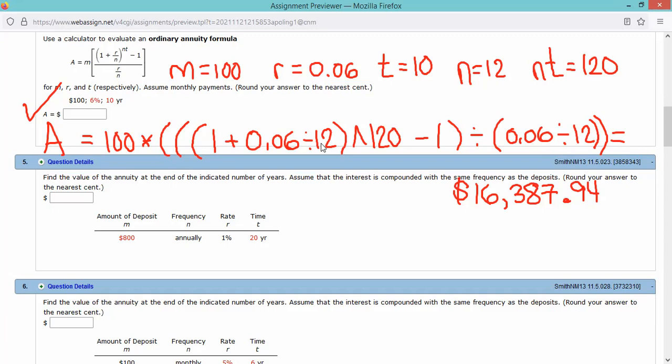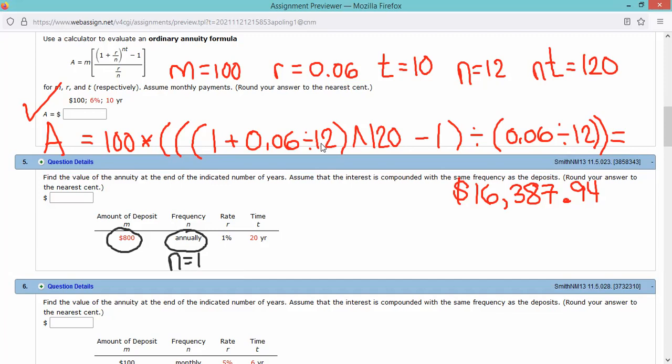Find the value of the annuity at the end of the indicated number of years. Assume that the interest is compounded with the same frequency as deposits. Round your answer to the nearest cent. So here our M is 800. That's the regular deposit, but this time N is 1 because it's annually.